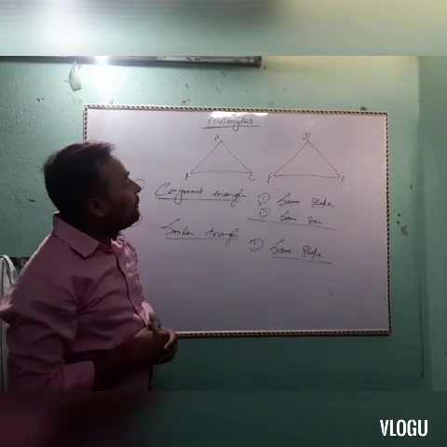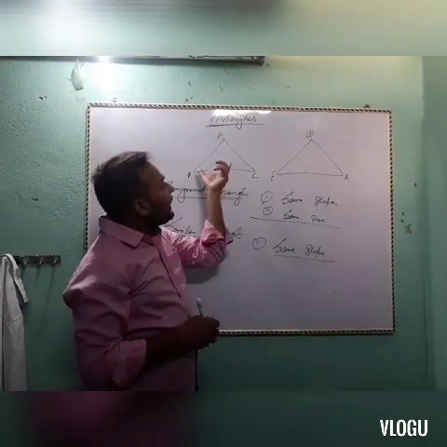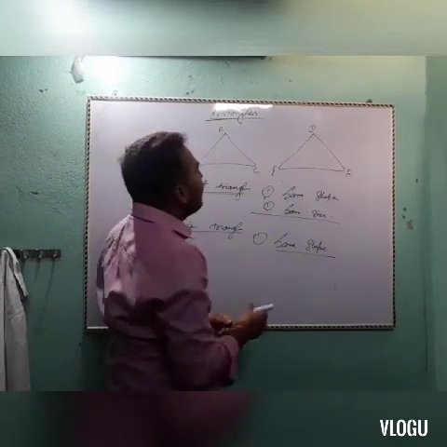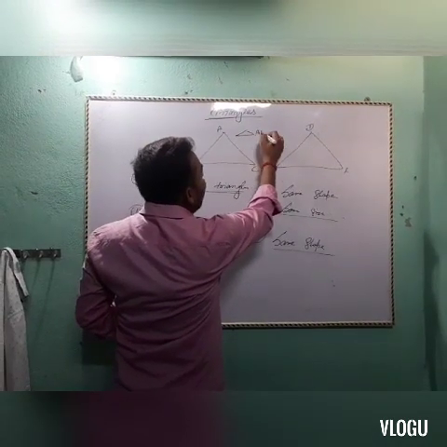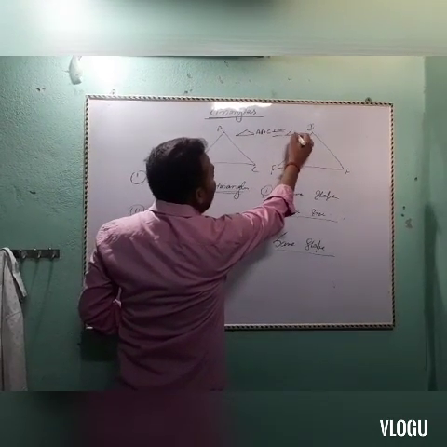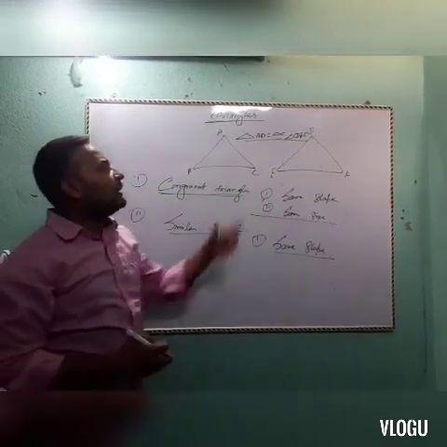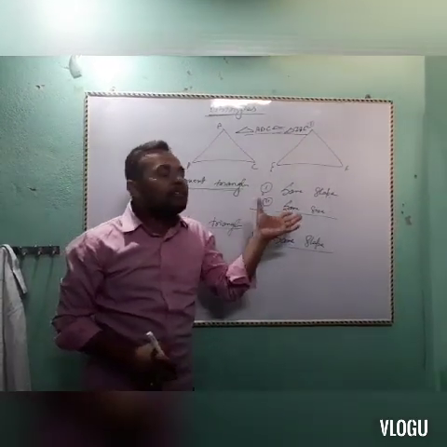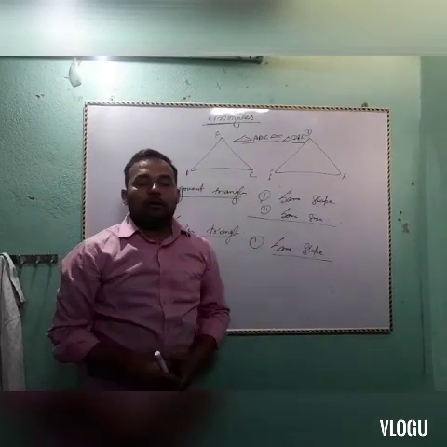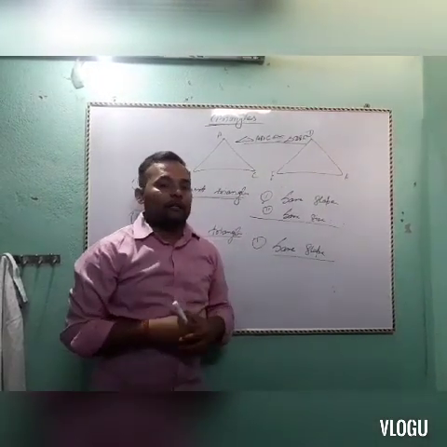So we say that triangle ABC is congruent to triangle DEF. Two triangles of the same shape and size are called congruent triangles.